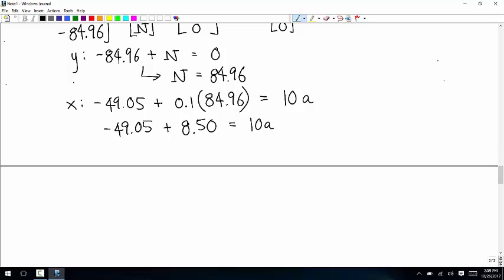And so negative 40.55, right, is equal to 10a. So a is equal to negative 4.055.